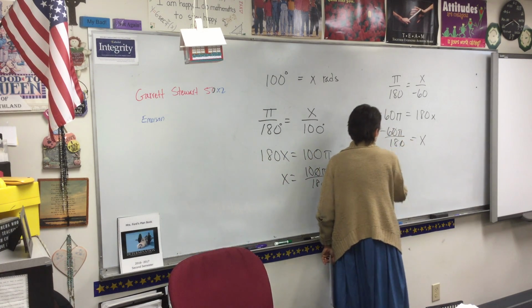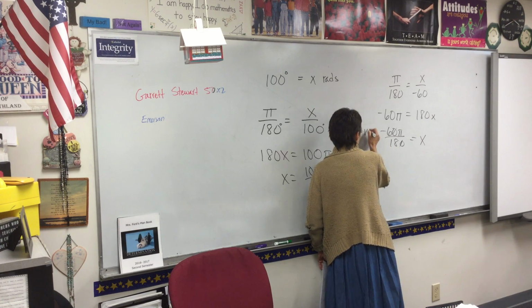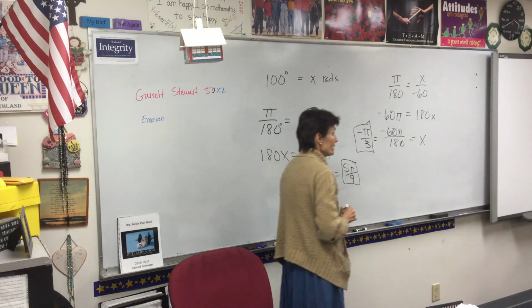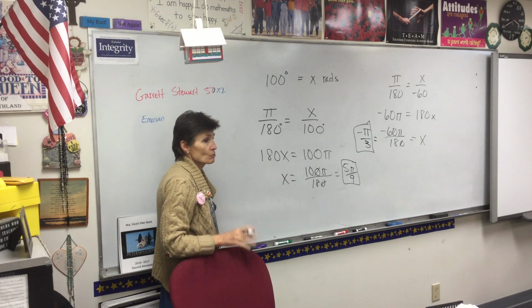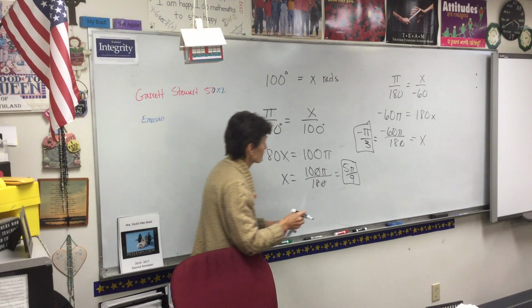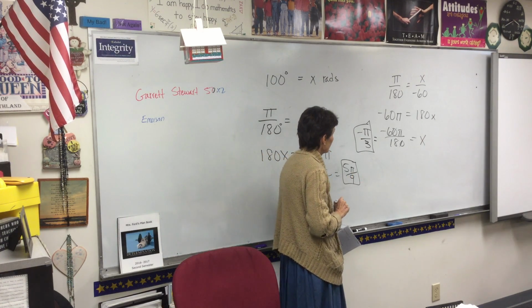Zeros will go out again. And what's 6 over 18? Negative pi over 3. And all these answers should have pi's in them. We're not going to put in 3.14 or anything like that. They're all going to have pi.